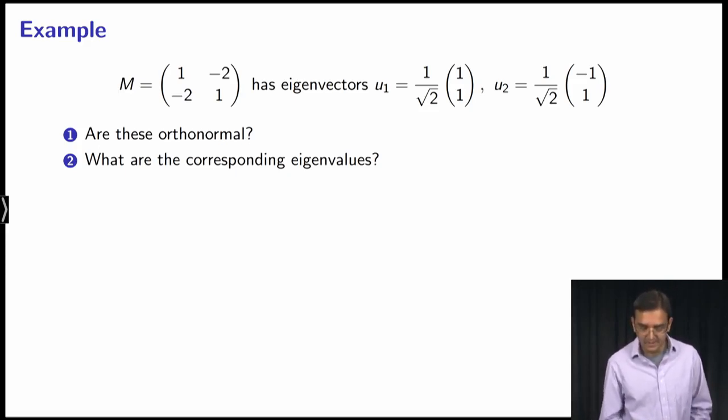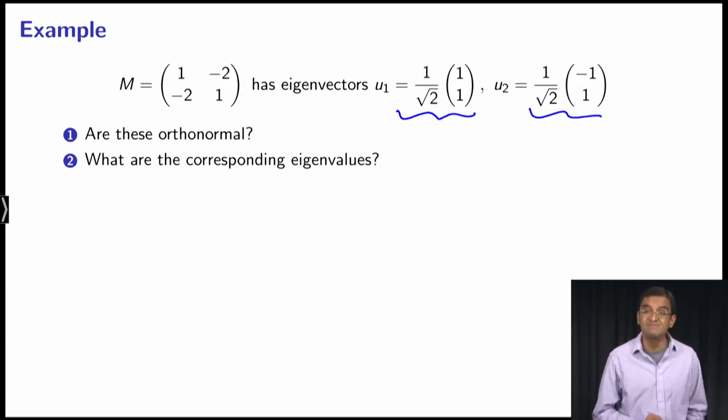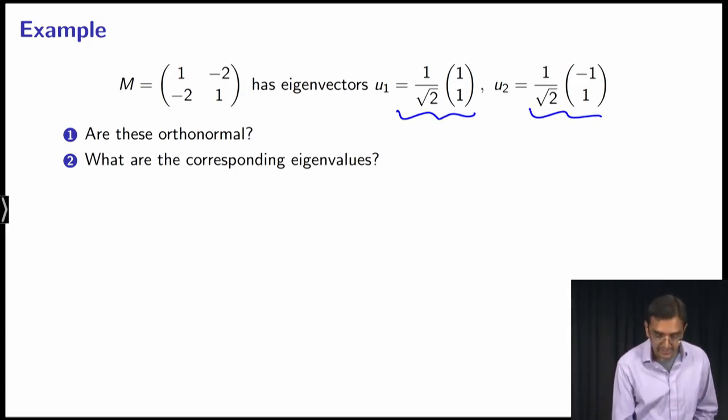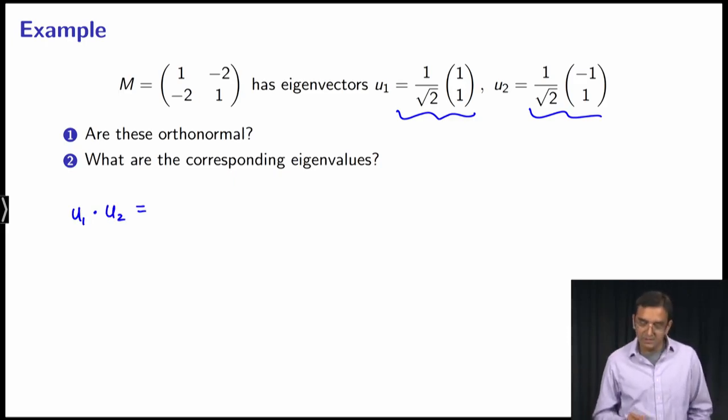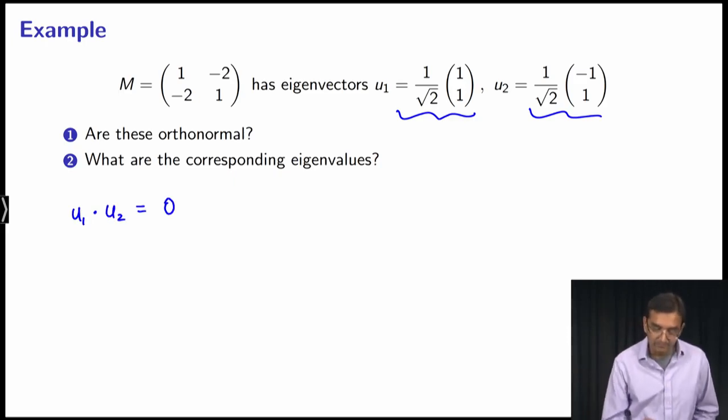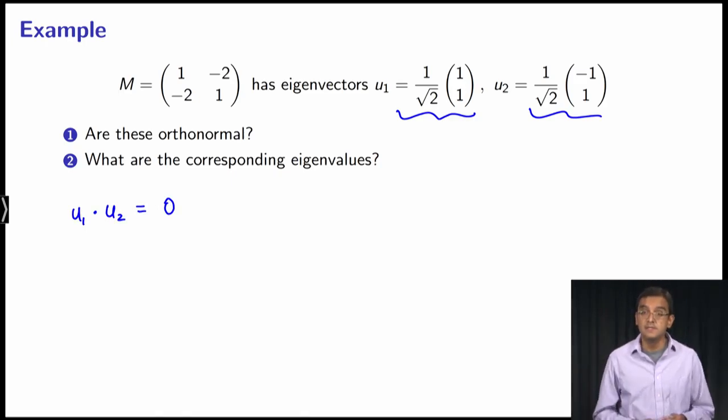We have 2 of them, which makes sense for a 2 by 2 matrix. Are they unit length? Yes, their length is 1. Are they at right angles to each other? What is u1 dot u2? Well, the dot product in this case is 0. So indeed, these 2 eigenvectors are orthonormal.